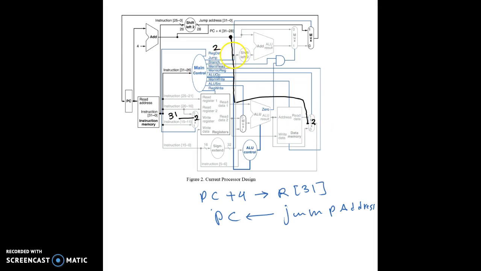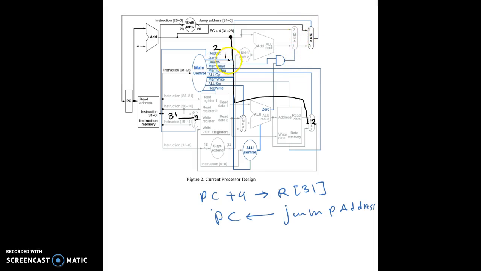And for Jump, we obviously need to select 1 so that the PC is assigned to the jump address. For Branch, we don't actually care, since Jump is selecting between this or the result of this mux.